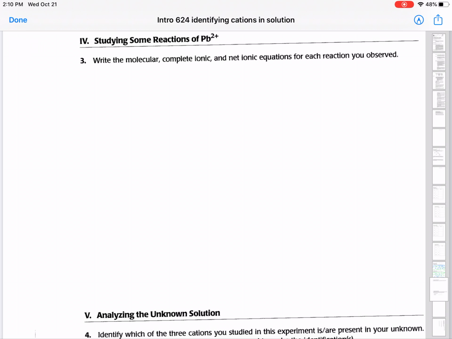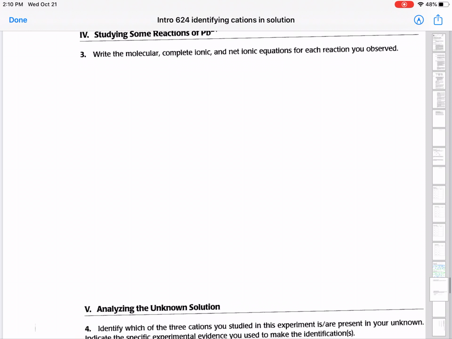And then with lead, write the molecular and complete ionic equations for these ones. Again, lead nitrate with potassium thiocyanate, no reaction. But lead nitrate with hydrochloric acid gave us a white precipitate. So we can write that down.